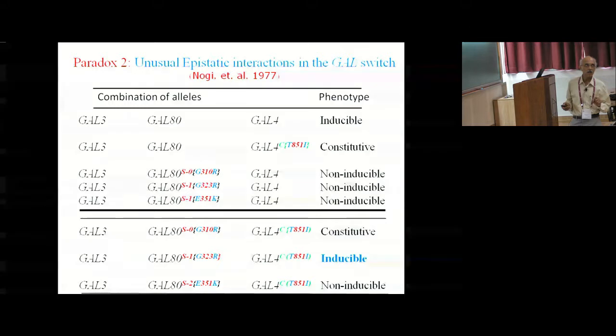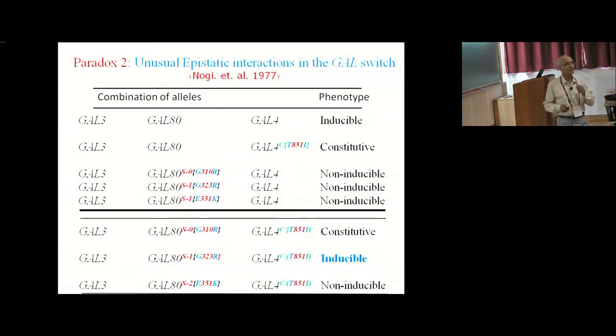If the mutation is making the complex of GAL80 and GAL4 intact, like a permanent complex, then irrespective of whether Gal3 is binding or not, Gal80 invariably binds to Gal4, and hence the activation will not happen. It should not happen here. But what you observe is that it does happen. So this mutation in Gal4 is basically altering the interaction between Gal4 and Gal80.